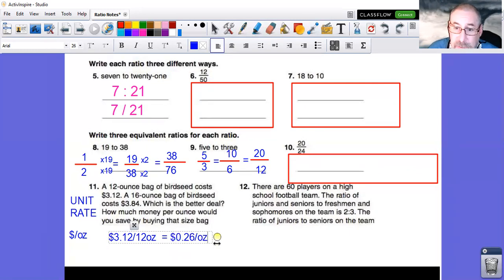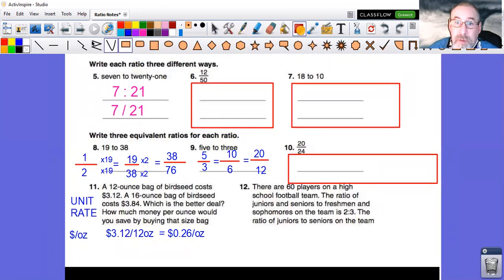That's 26 cents per ounce. So here we have $3.12 for a 12-ounce bag. Simplify that into a unit rate by dividing the top number by the bottom number, just like the fraction says. And we end up with our rate of 26 cents.